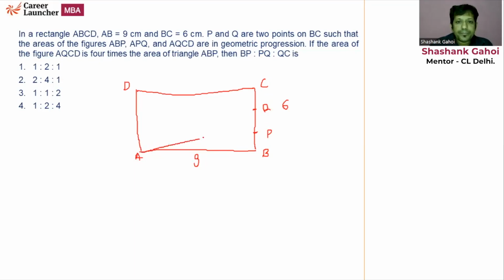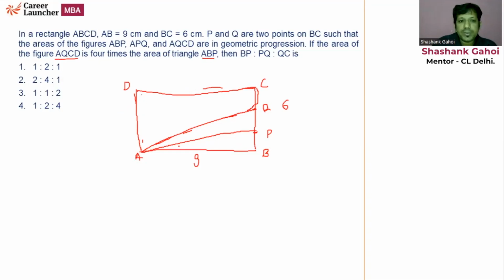ABP, APQ, okay. AQCD, okay, we have 4. They are in geometric progression, okay. AQCD is 4 times ABP, means this area is 4 times this.